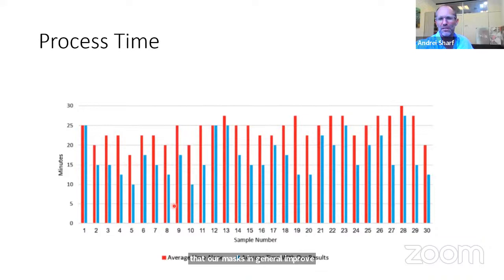So it helps the professionals in their processing. Sorry, blue is together with our masks when the archaeologists used our mask as initial guess, and red is without. So we can see that in the majority of time, blue is below the red, which means that it helps.